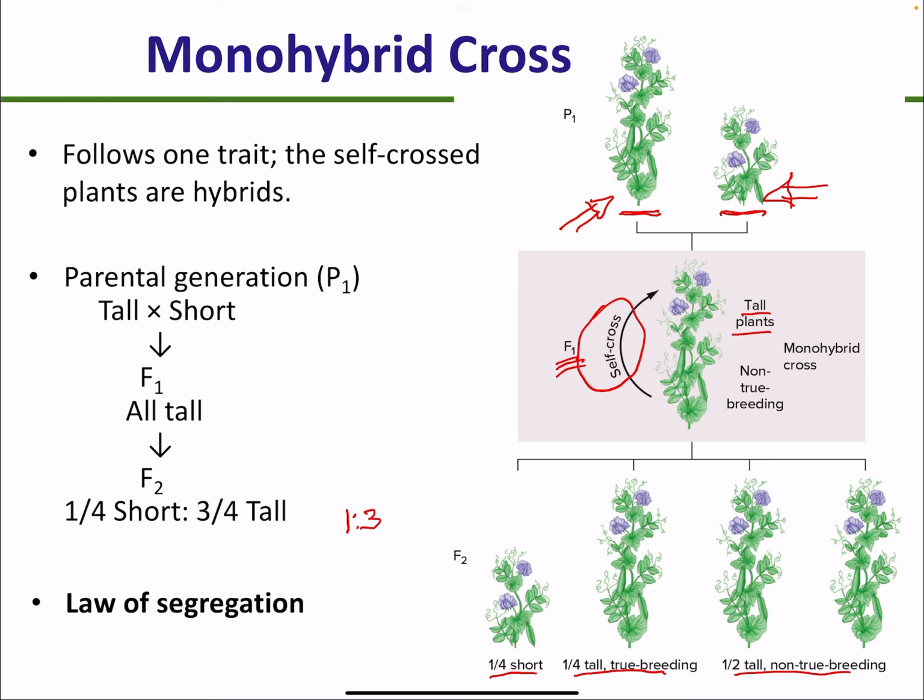We can explain this only by saying that the feature short is recessive over the feature tall. When you bring the two together, the feature short doesn't get expressed when the feature tall is present. Therefore, you have the impression that the feature short is not there at all.